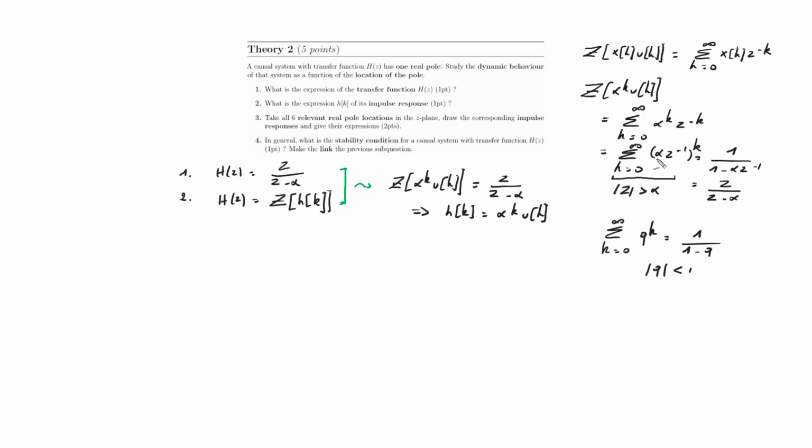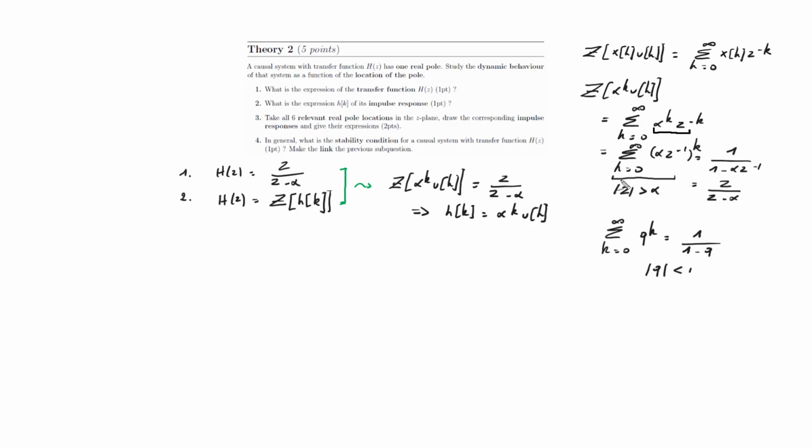You can rewrite this part as (alpha z^-1)^k, and then using the geometric series property that I've shown over here, remember that it's valid only when the modulus of q is smaller than 1, you obtain that this infinite sum is 1 over 1 minus alpha z^-1. If you want to work with the variable z, you multiply numerator and denominator by z, and indeed this is what you obtain, and it's the z transform of this sequence over here.